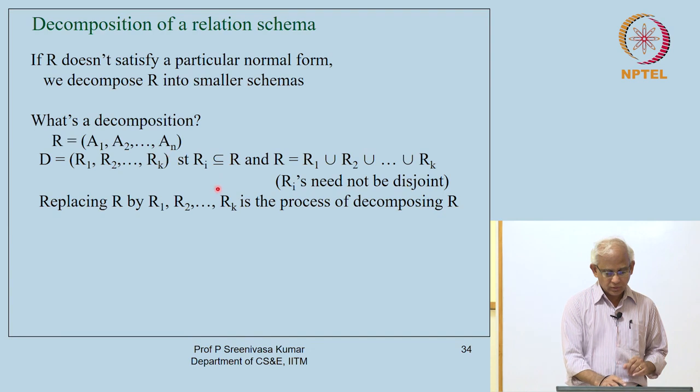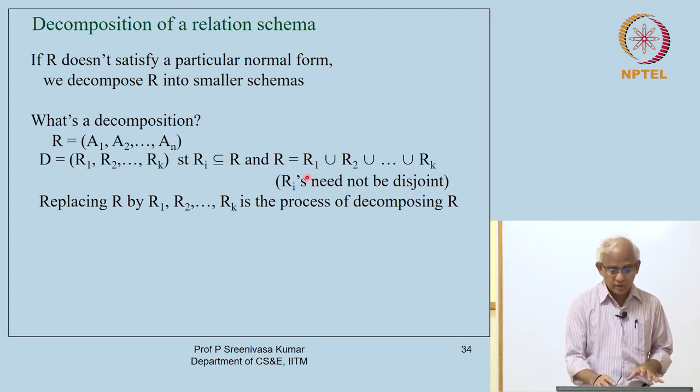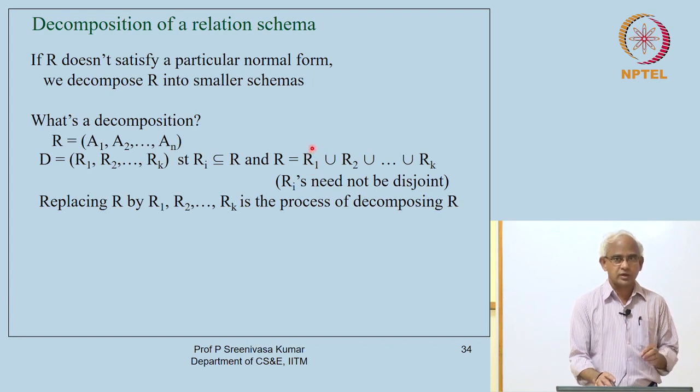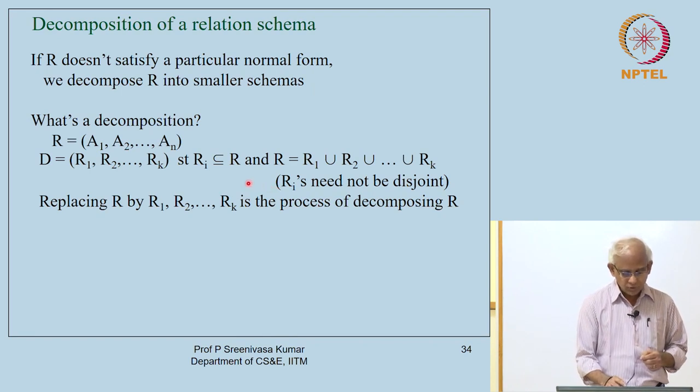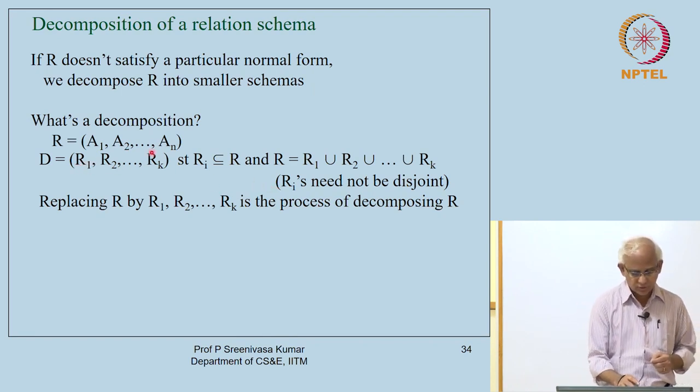Of course, these Ri's need not be disjoint, they will not typically be disjoint. You will need some attribute to be in more than one relation, so that it serves the purpose of a foreign key, primary key reference, etc. Such a thing is what is called a decomposition.